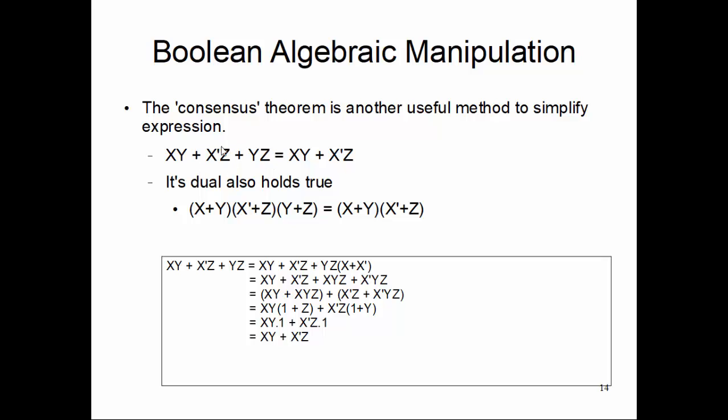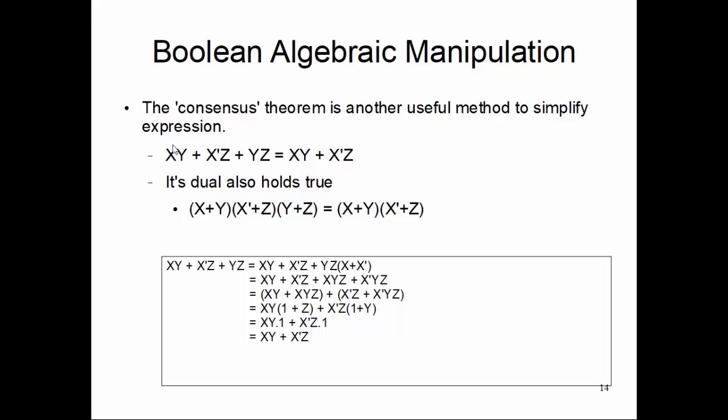So what we are looking at is two variables, y and z, independent variables, associating themselves with the complemented and uncomplemented forms of another variable in terms of AND. Associating here means it's an AND operation.